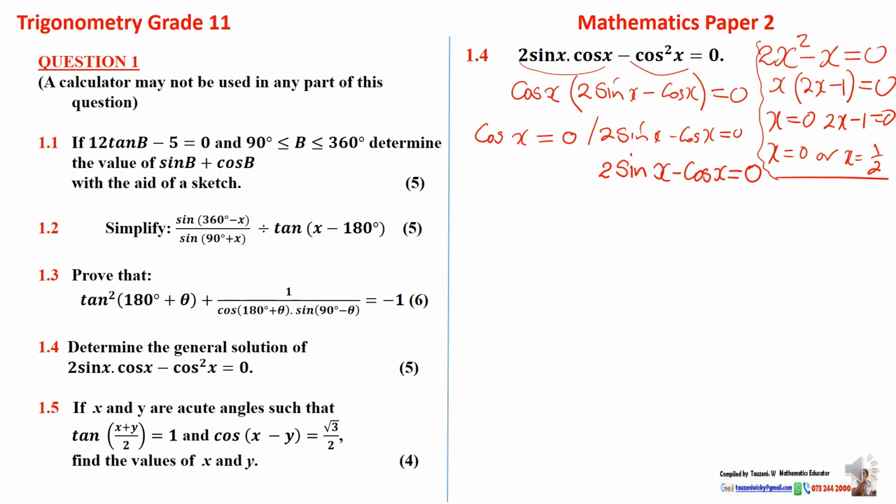We know that tan is equal to sine over cos. So to use the tan identity, you divide the equation by cos x, everything by cos x.